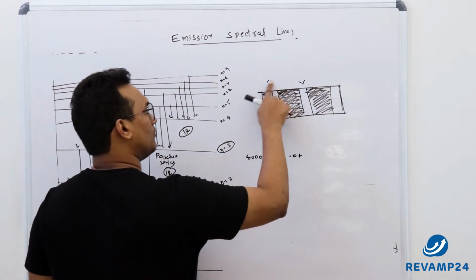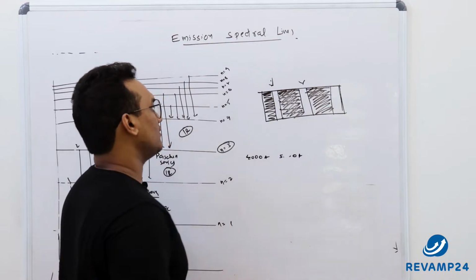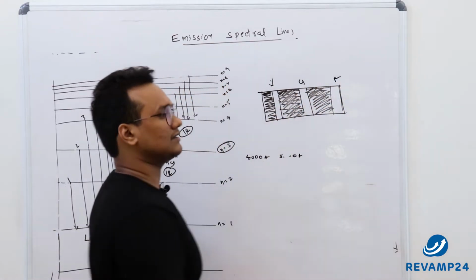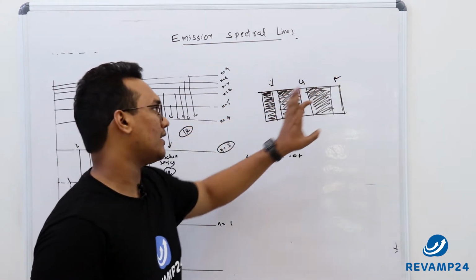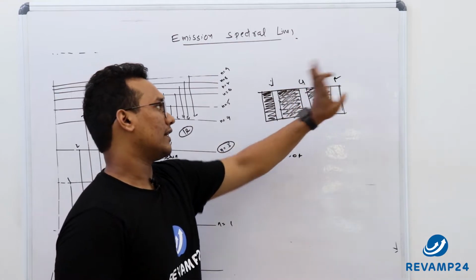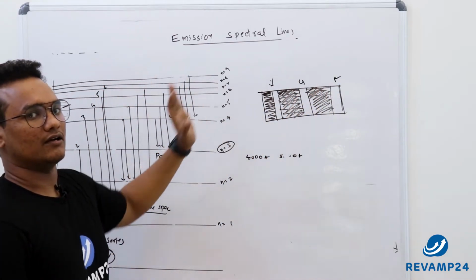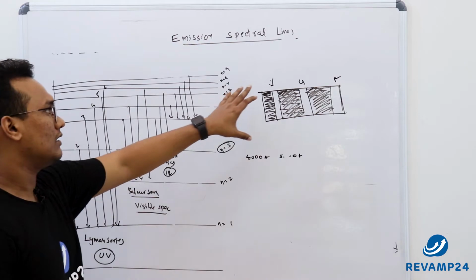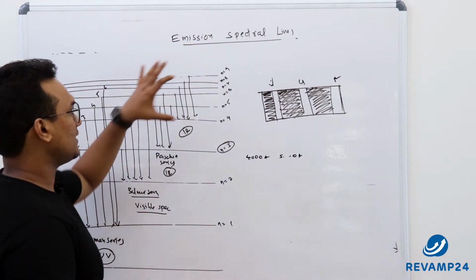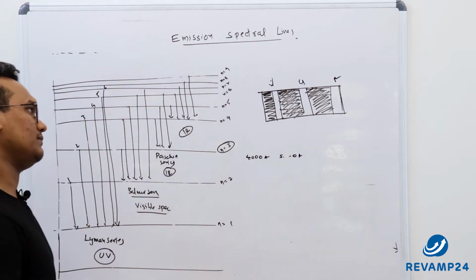So, we are able to see violet, then green, then red. This is just for example. So, in a dark band, we will be able to see these colors, only violet, green, red. Other colors are not emitted because we don't have such kind of energy transition. So, this is the emission spectra.